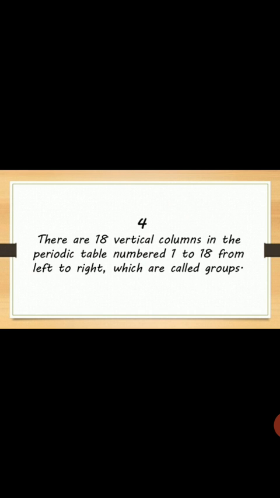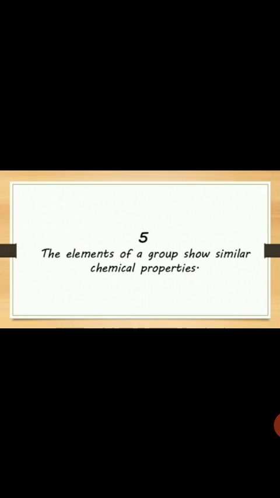Now there are 18 vertical columns in the periodic table numbered as 1 to 18 from left to right, which are called groups. The elements of a group, right, they show the similar properties. That means the elements of group 1, which include lithium, sodium, potassium, rubidium, cesium, will have similarity in the properties, which are the alkali metals.